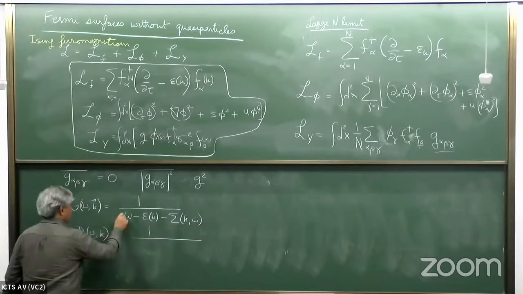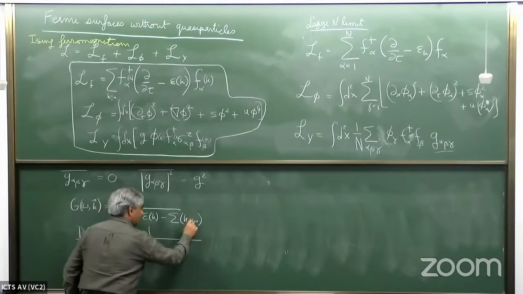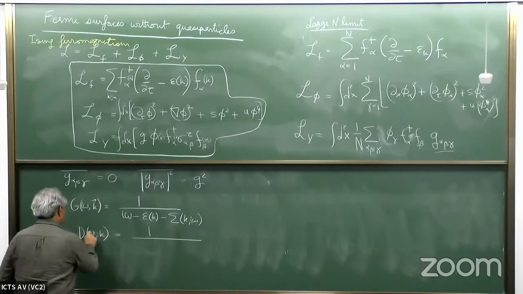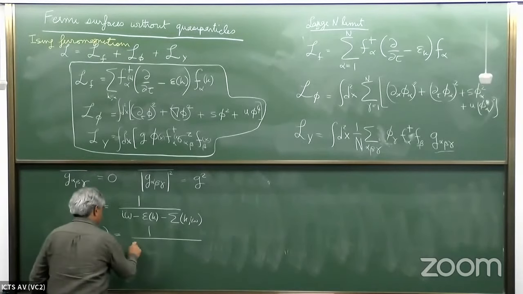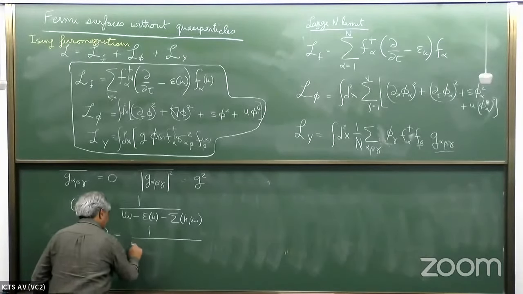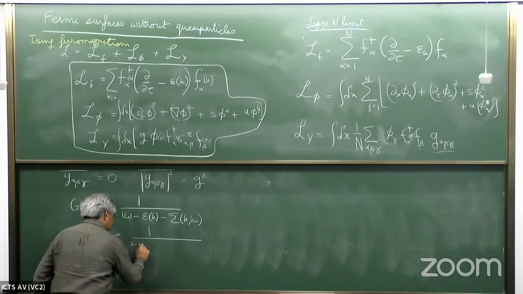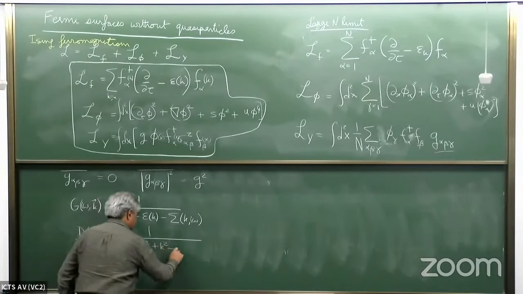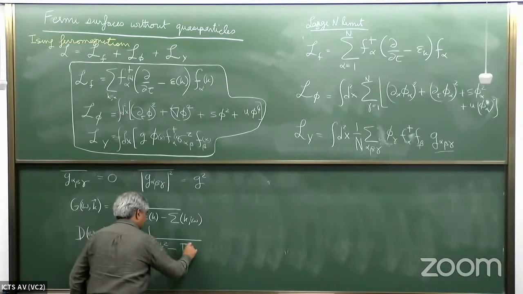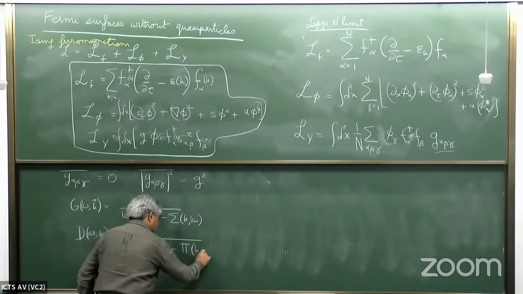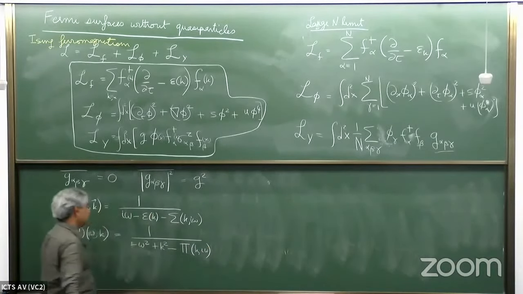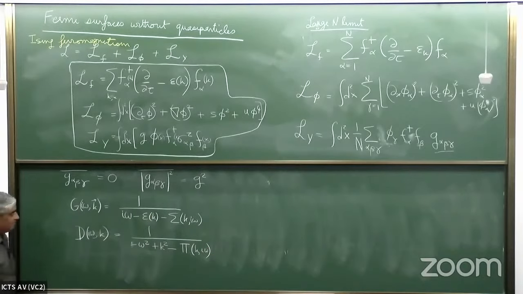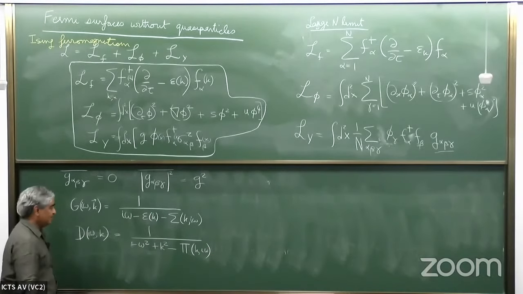So let me put the I's over there. So that'll be minus omega squared plus K squared minus some self-energy, which will be pi of K and I omega. Okay, so this is just a definition. This is the Dyson equation defining the self-energies.